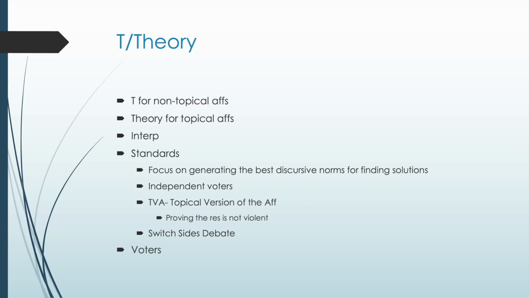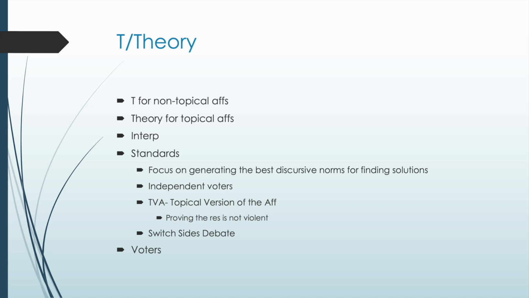Things that are read in the standard section against K Affs specifically that are very persuasive are TVAs and switch sides debate. TVA, an abbreviation for topical version of the Aff, basically says that there is a version of the affirmative's argument that meets the interp but still upholds the core thesis of what the Aff is saying.